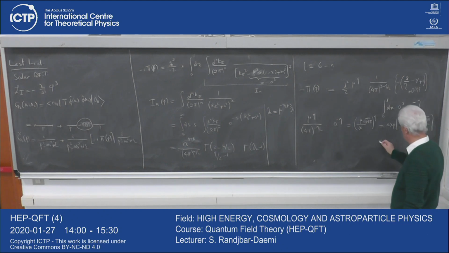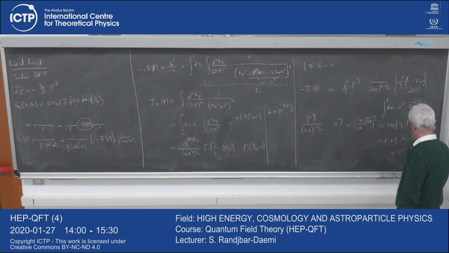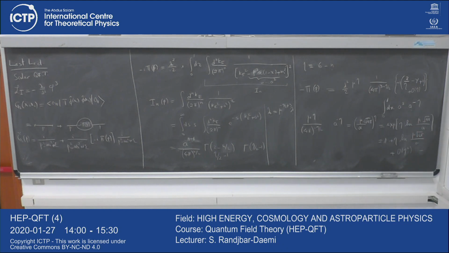This is an exponential. It gives you 1 plus a term which has the first power of eta, plus a term which has second powers of eta, etc. And this is going to go into this place. Okay?